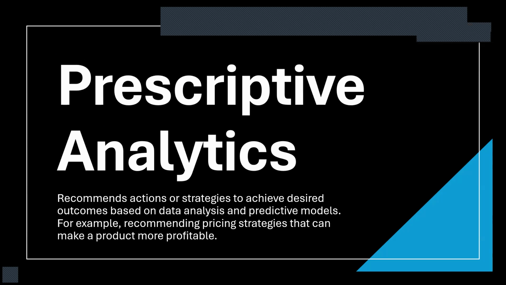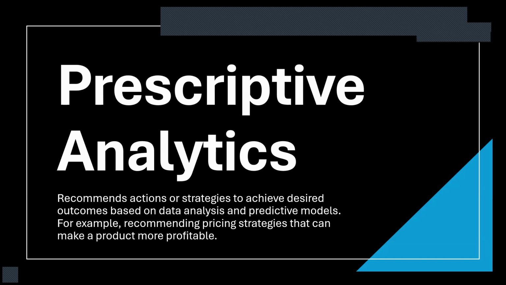It could be a problem in research, it could be a problem in a company or something. And what prescriptive analytics does is that it helps the data scientists actually recommend actions or strategies to achieve certain desired outcomes, based on the work they have done in their descriptive analytics and then the predictive analytics.